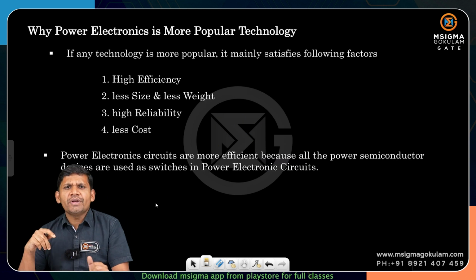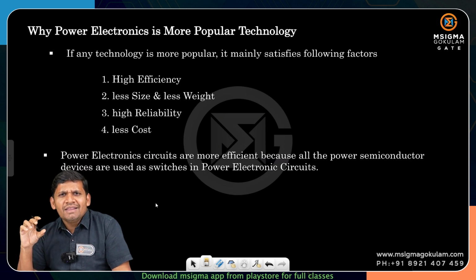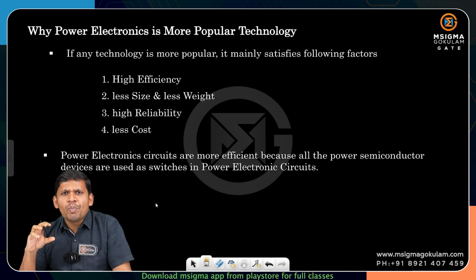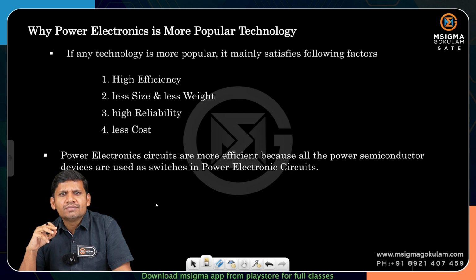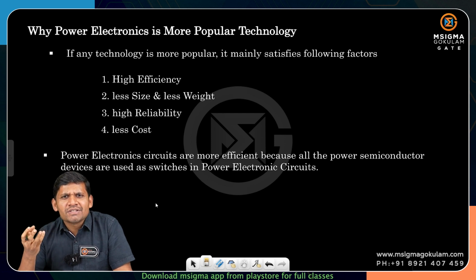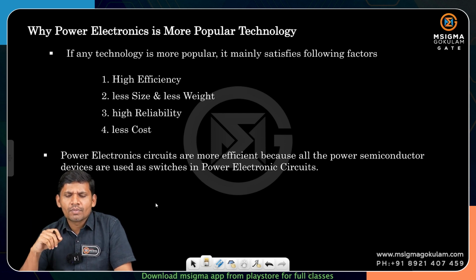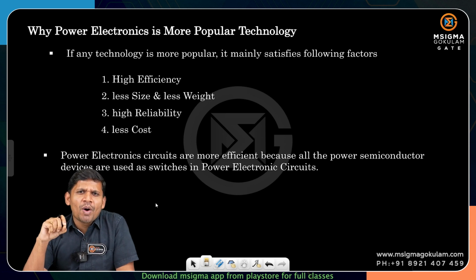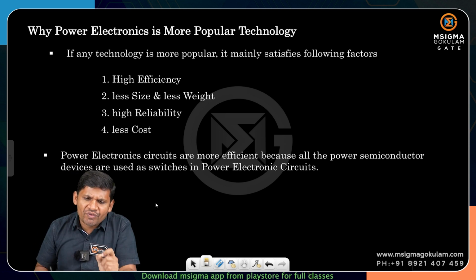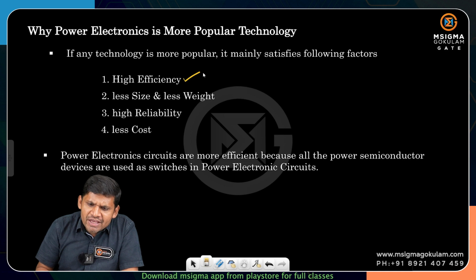Now, point to remember, friends, among all the technologies, the more popular technology is power electronics. Now the question is, sir, why is power electronics the more popular technology? If any technology is more popular, it mainly depends on the following factors. It must be a highly efficient technology.